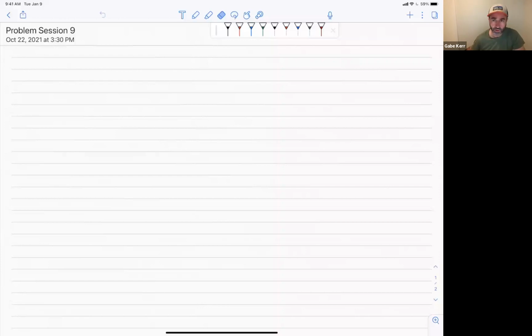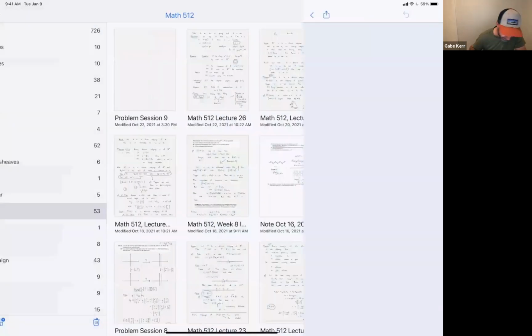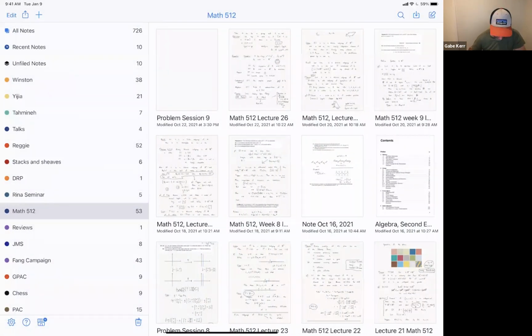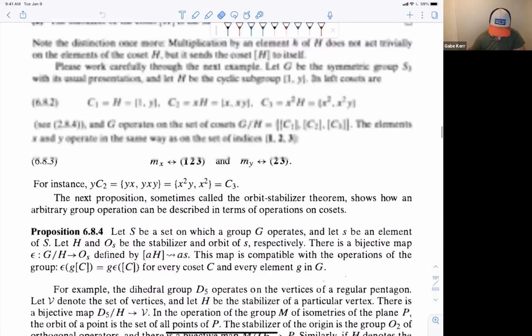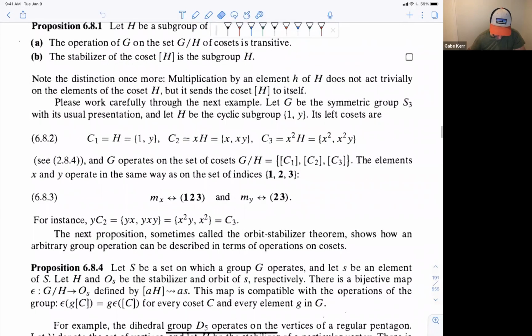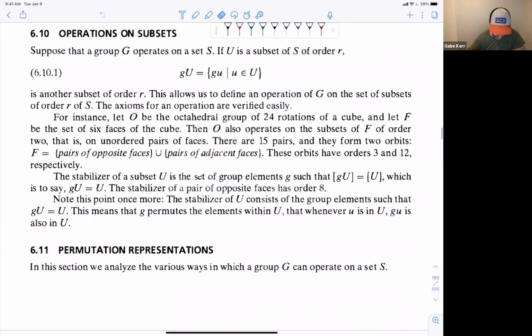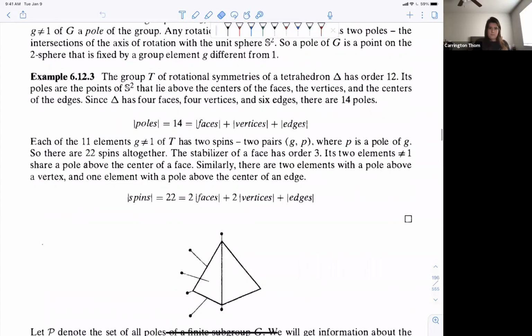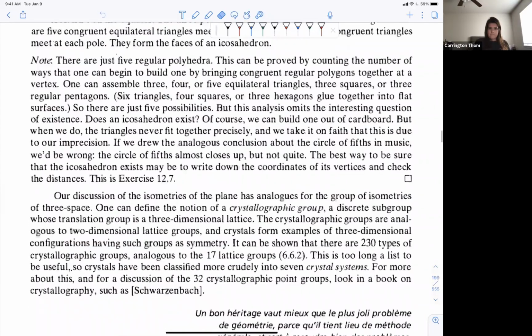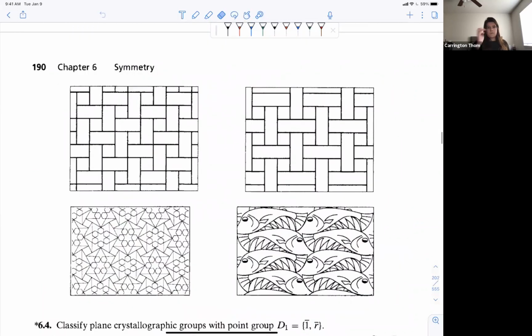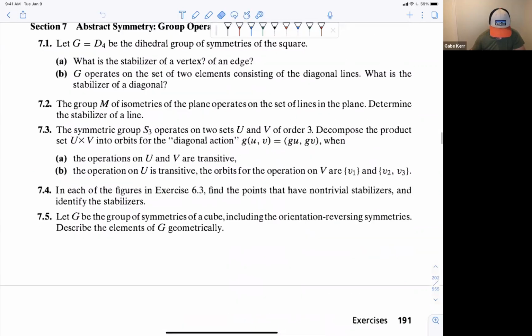Let me share screen real quick with this, and then that way I can look at the problem you're asking about. Okay, so problem number 7, you said 7.4? Right. 7.4, is this one?